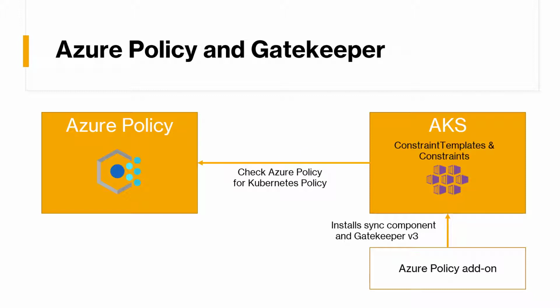In those policies, there are constraint templates and constraints, and that's exactly what Gatekeeper needs to know, right? That's how Azure Policy works. That's how Gatekeeper works. Now, of course, there's a big limitation in the fact that Azure Policy has a built-in list of Kubernetes policies, and you can't go beyond that list. If you want to go beyond that list, you have to not use the Azure Policy add-on and install Gatekeeper yourself and create constraint templates and constraints yourself as well.